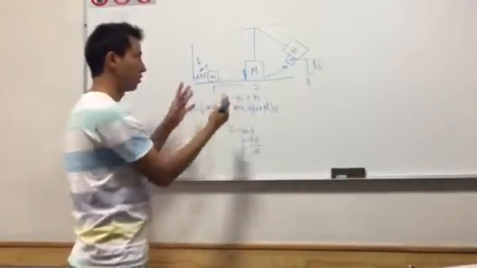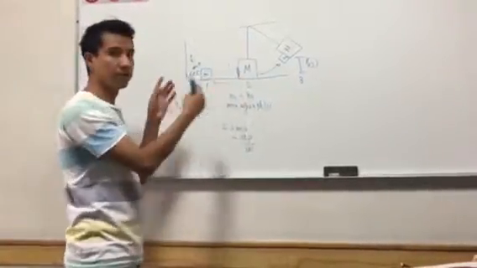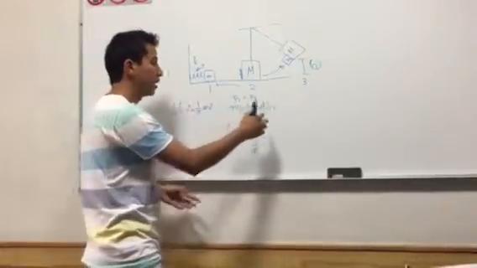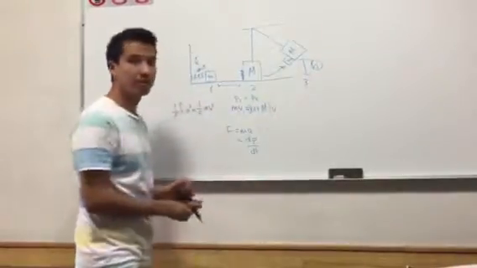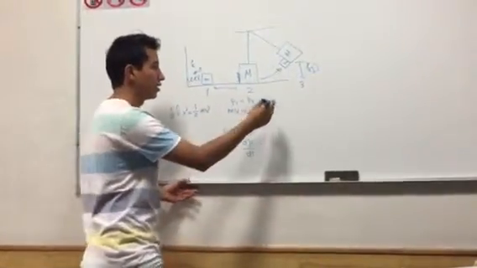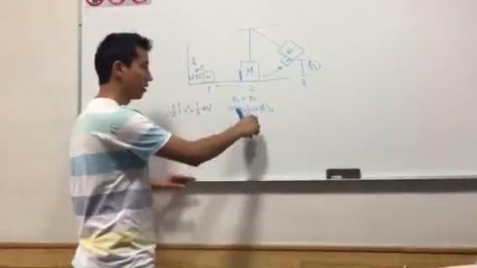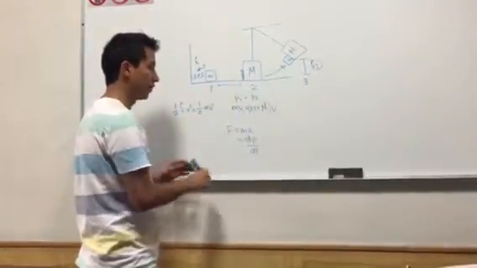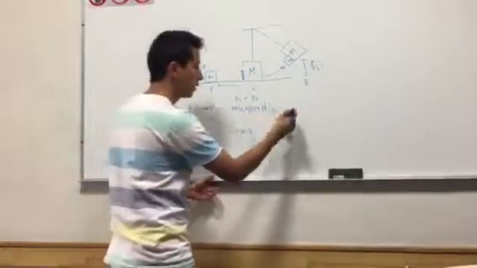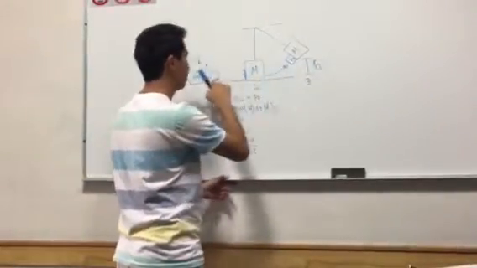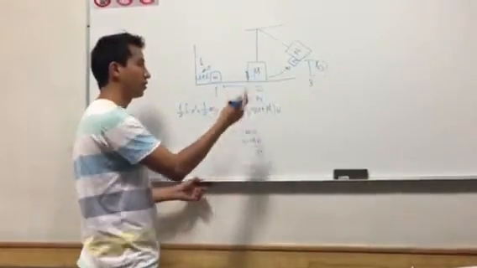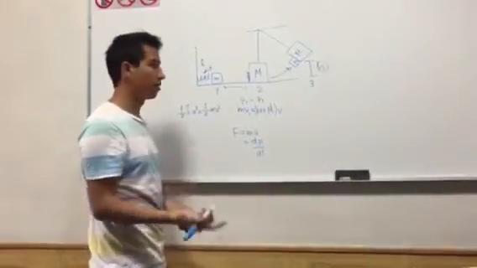That is going to be the velocity when they are both together and get stuck, and then they will swing up to a certain height. So we have then this formula, and these two objects are going to be just one object.